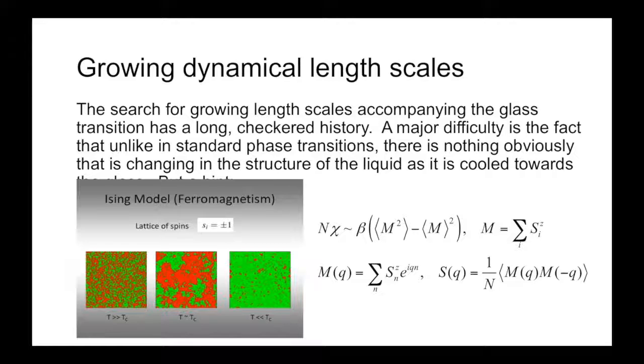Okay? Or we could directly measure the structure factor associated with the spins. And again, as I said, look at the low Q behavior of this quantity, and the divergence of this susceptibility is going to be associated with the divergence of the length scale that we extract directly from the static structure factor of the system that's associated with these growing domains of spins.